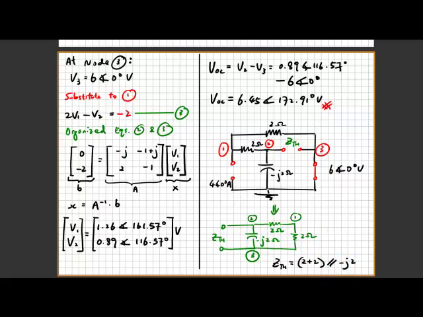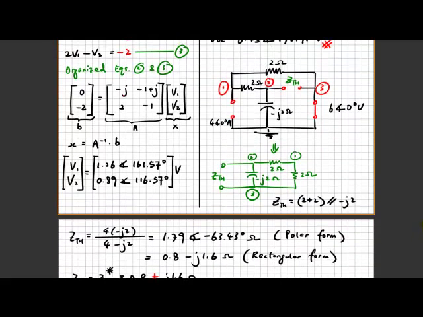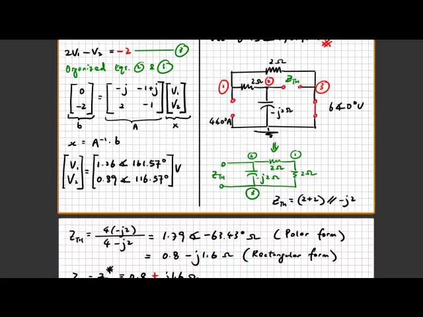In this case, that leads to the next page: 4 times minus j2 divided by 4 minus j2, which gives you 1.79 with an angle of minus 63.43 degrees ohms. This is in polar form, or you can choose to write it in rectangular form, which is 0.8 minus j1.6 ohms. So this Z Thevenin is found.